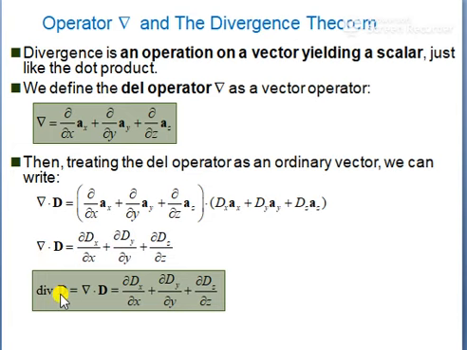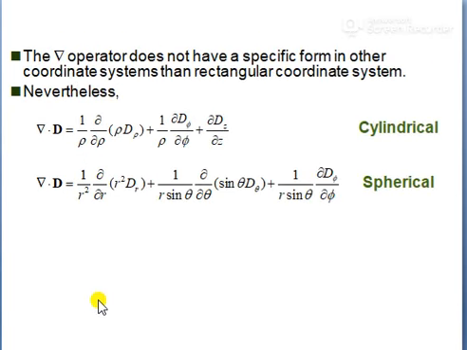That is, divergence of D is equal to del dot D. So hence del operator can be used to find out divergence. So this is the equation: div D is equal to del dot D.